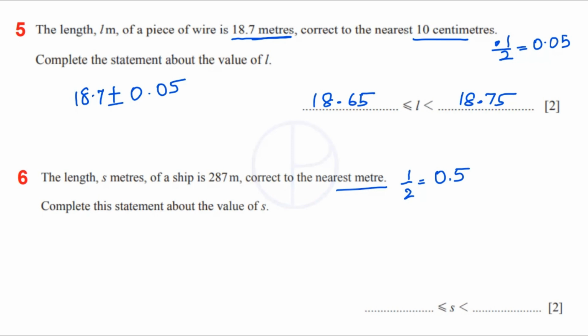So the upper and lower bound values are 287 plus or minus 0.5. The lower bound value is 287 minus 0.5, which is 286.5. Upper bound value is 287.5.